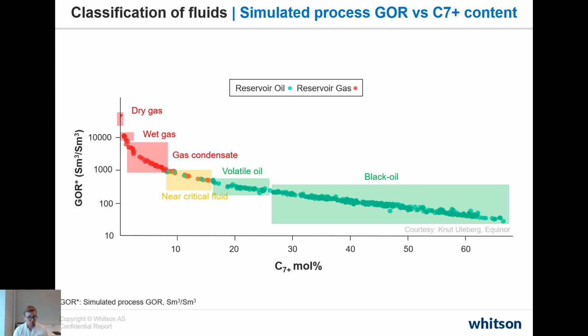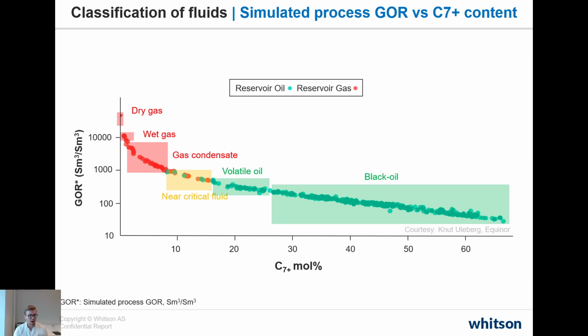Because as we'll learn and see many times when we create black oil tables, when we talk about in-place volumes, formation volume factors, GORs, they are process dependent, or we say that PVT is path dependent.